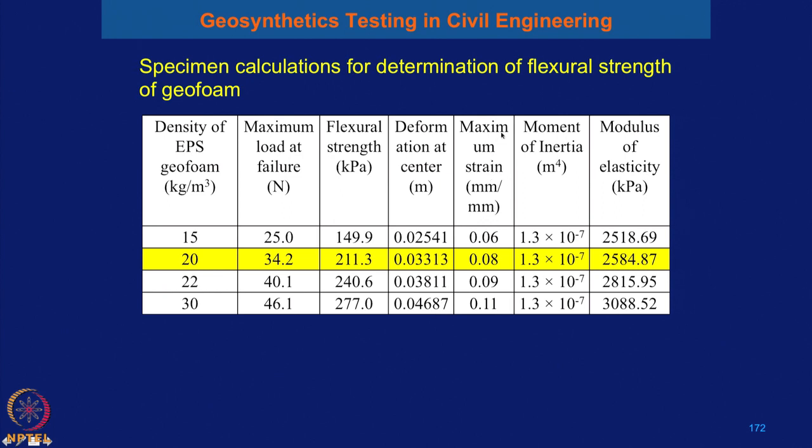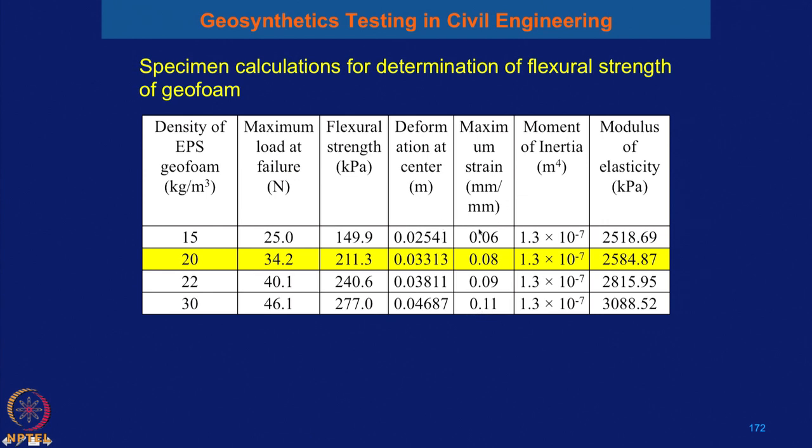And you can determine the maximum strain, millimeter per millimeter: for 15 density 0.06, for 20 density 0.08, for 22 density 0.09 and for 30 density 0.11.